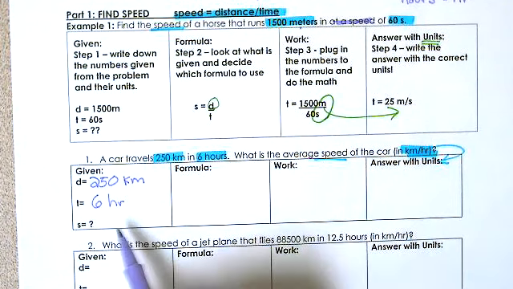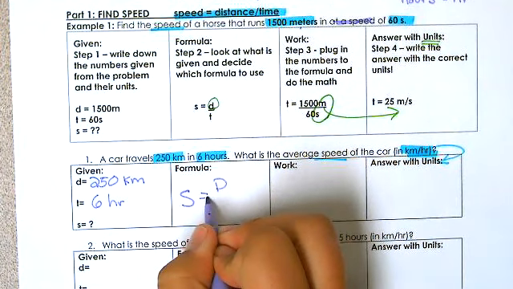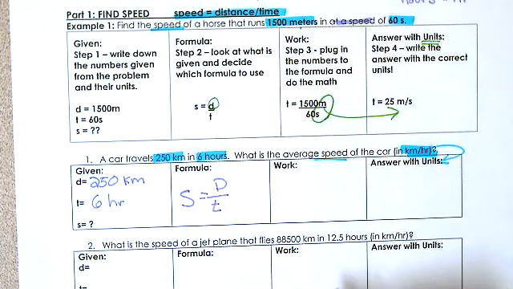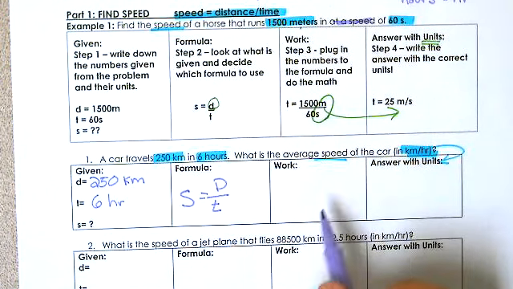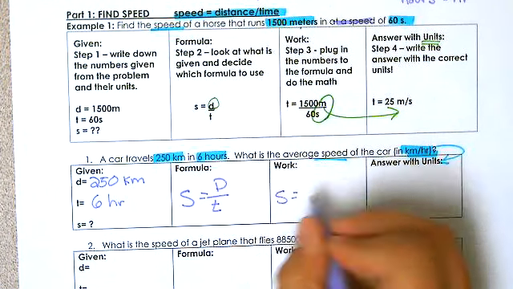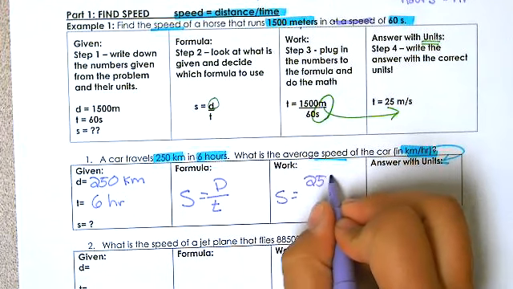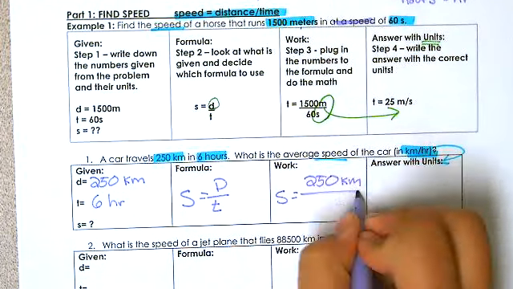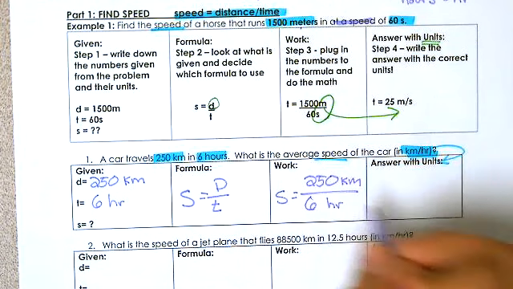So now we're going to look for our speed formula. Speed equals distance divided by time. Step 3, plug in the numbers and show your work. So we're going to take our speed equals distance, 250 kilometers, divided by time of 6 hours.